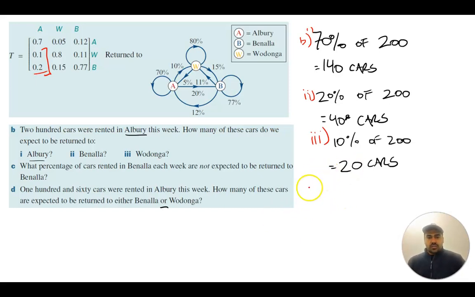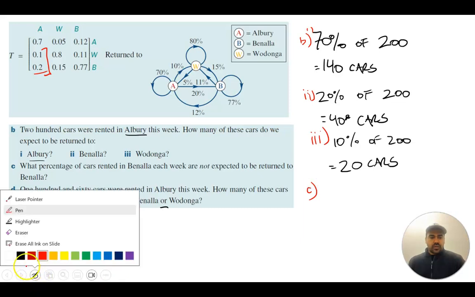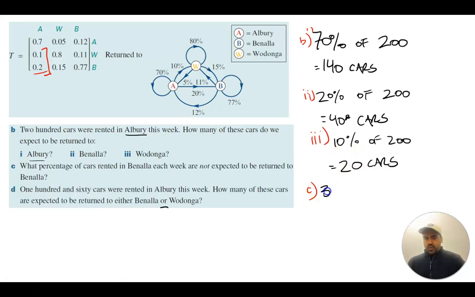So for question C, we're just working out 30% of the amount of cars. Oh, I'm figuring out question D. My bad. Let's just work out question D. You know what? Let's go more wacky.